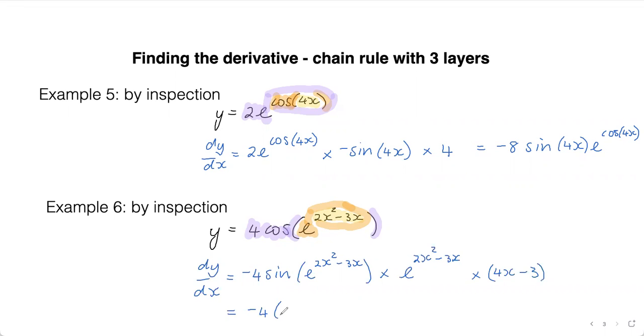So I'll have negative 4 times (4x minus 3) sine e to the 2x squared minus 3x, and then times e to the 2x squared minus 3x. And there we go. That is basically differentiating using the chain rule by inspection. Hope you found that helpful.